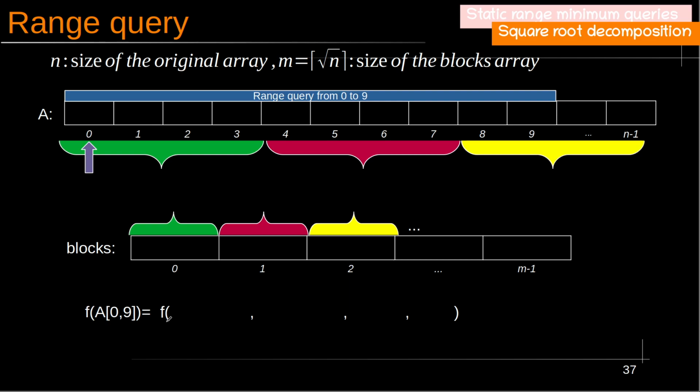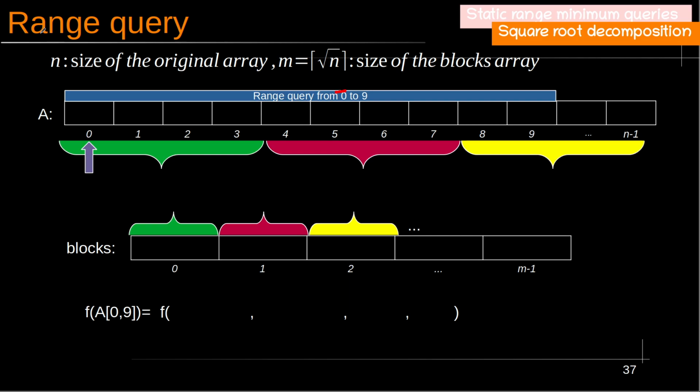We compute by putting the pointer at index 0, because here the left boundary is 0. And we have to ask two questions. Are we at the beginning of a block, and can we use that entire block? In this case, we are at the beginning of the block, the green block, as you see. Can we use all of this block?